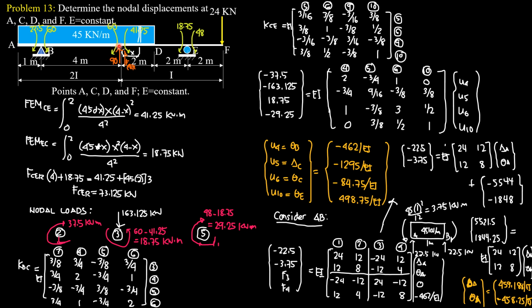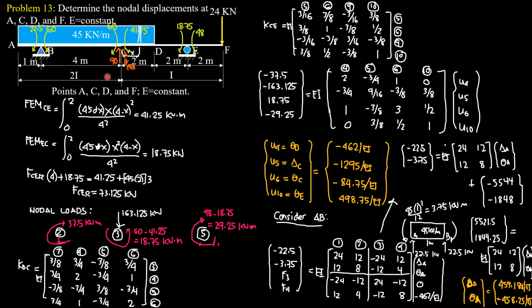At node 3, which is C, the vertical load 90 plus FCER 73.125 is 163.125, but the equivalent nodal load should be opposite to that, so it should be downward. That's why we have 163.125 kilonewtons at node 3, which is C, downward.